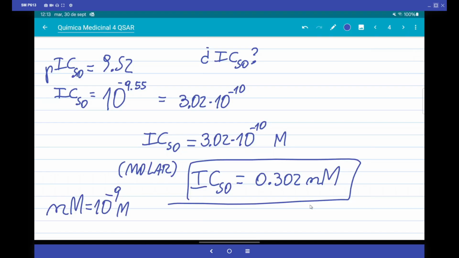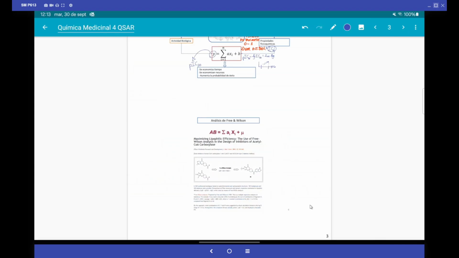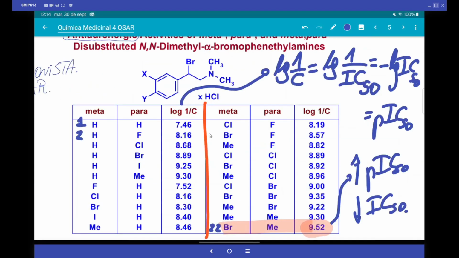So very well, 0.3 nanomolar is something that hopefully we could get, because it will be quite selective, and you could calculate everything. But here, the analysis that was done is reversed. That is, the researchers who published this column started from the IC50 and transformed it into a dimensionless pIC50, so be careful that the transformation is well done.